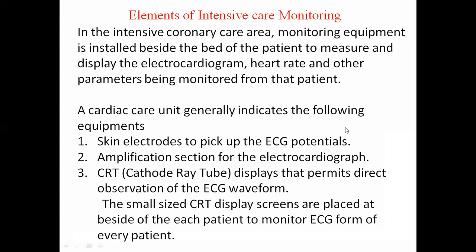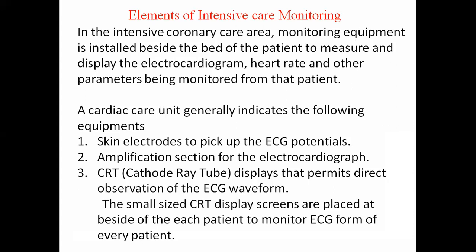And the third one is the CRT. CRT is nothing but CRT displays. CRT, cathode ray tube. These CRT displays permit direct observation of the ECG waveform. The output waveform, the ECG waveform taken from the patient, is displayed on a CRT.